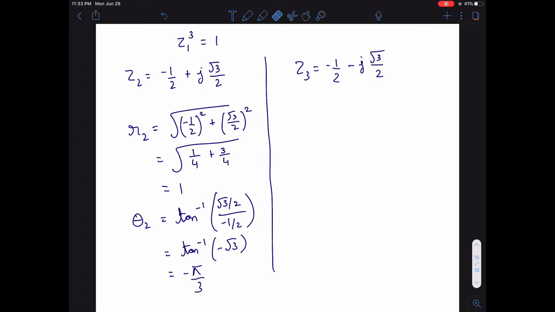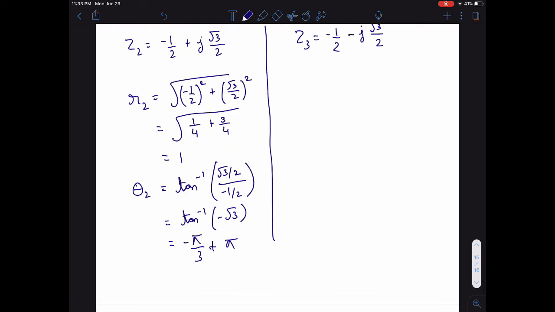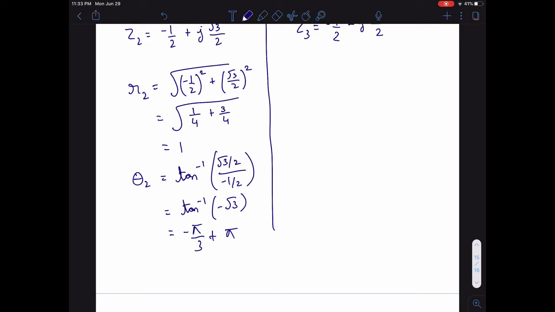It is important to note that while the angle we got is minus pi by 3, which is in the fourth quadrant, z2 is actually in the second quadrant. So for the actual phase of z2, we need to add 180 degrees, which is pi radians, and that will be 2 pi by 3.